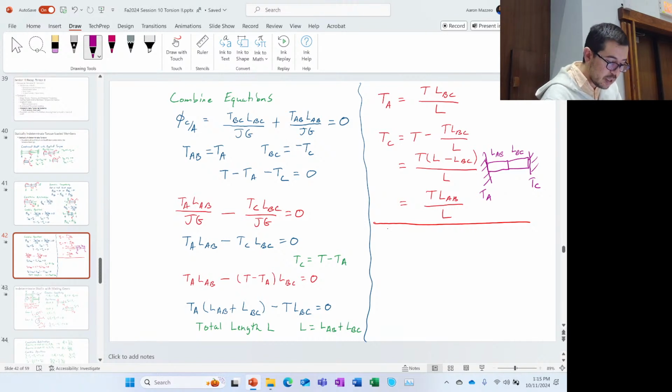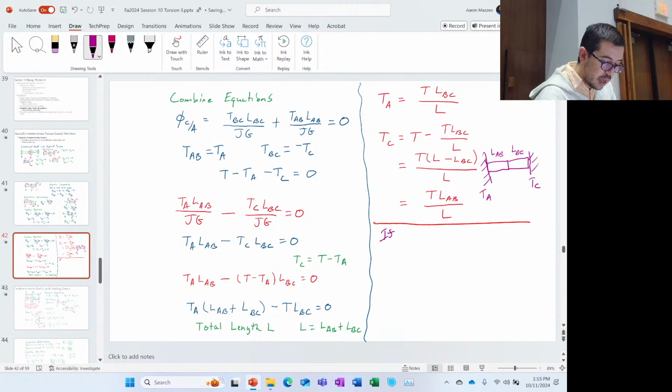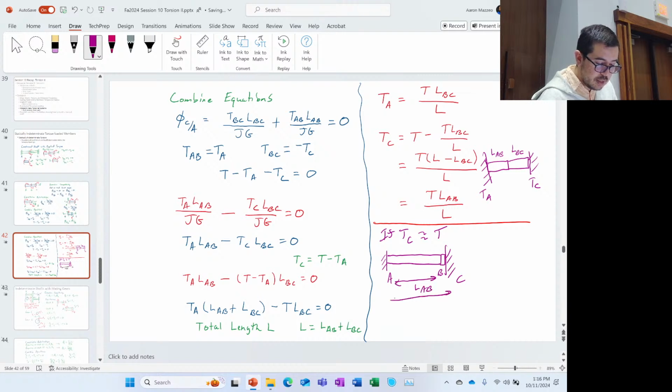So if I have a TC that is about equal to the torque that's applied to the system, this is C, this is B, this is A, this is the LAB. It's saying that this is really large relative to this.